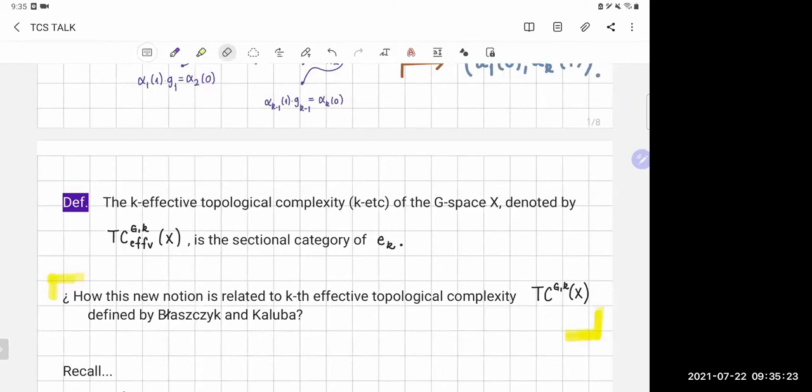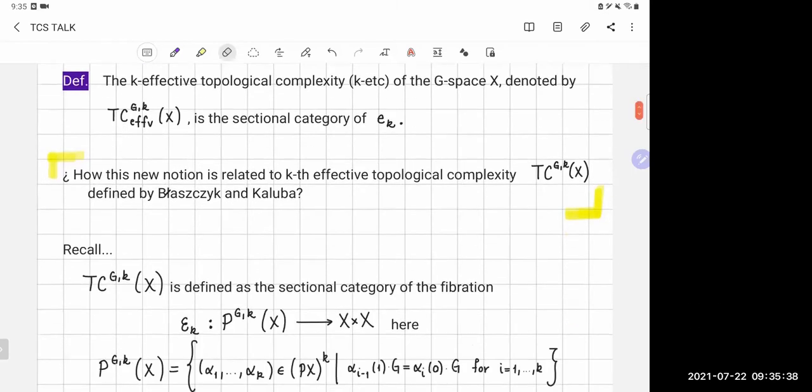So at this point, we can ask how this new notion is related to k-effective topological complexity, TC_G^k of X, defined by Blasinski and Kaluba. So before comparing these two notions, let's recall the definition of Blasinski and Kaluba's effective TC.